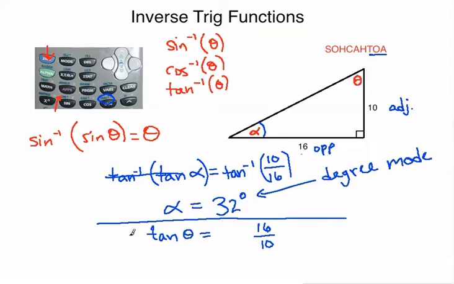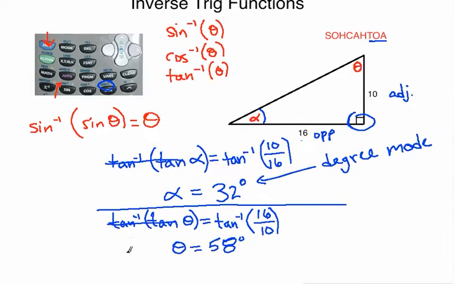And again, I want to get rid of tangent, so I'm going to use the inverse function, which is going to leave me with theta. I just type inverse tangent of 16 over 10, and that gives me about 58 degrees, if I round. And now if I add theta and alpha and my 90-degree angle, I actually do get 180 degrees. So this does work correctly.